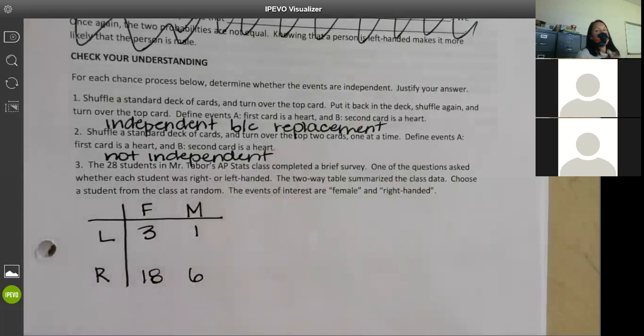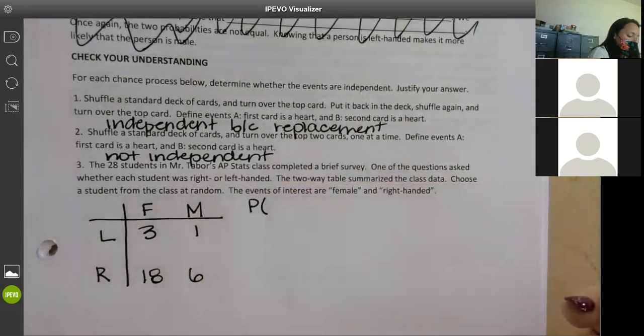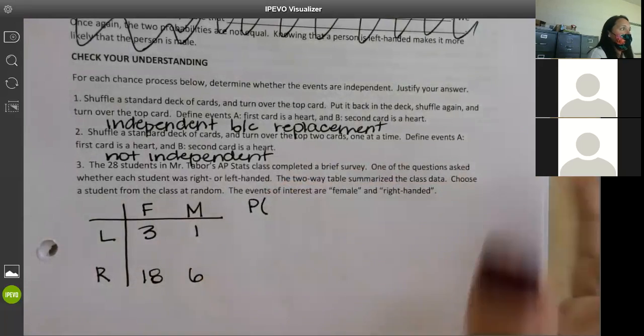Sorry, y'all, 1 and 6. If you need to do the totals, you can do the totals. It doesn't matter. I'm not going to do them right now. So the events of interest are female and right-handed. So what do we have to do? What do we have to test? Doesn't matter which way you write it. What are the two things we're talking about?